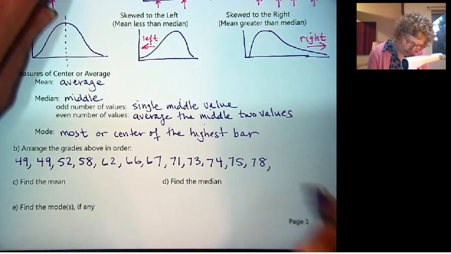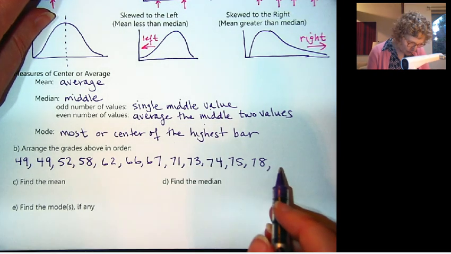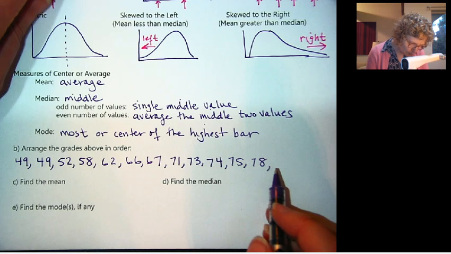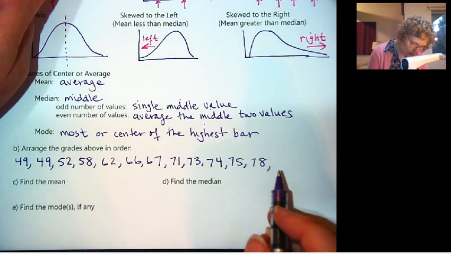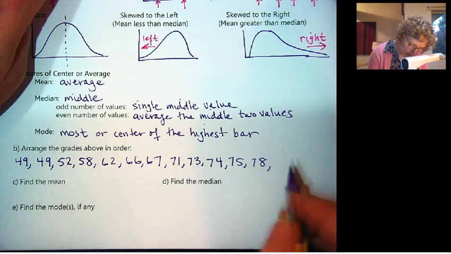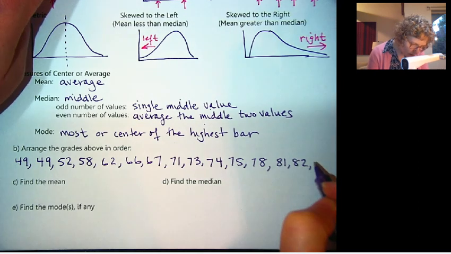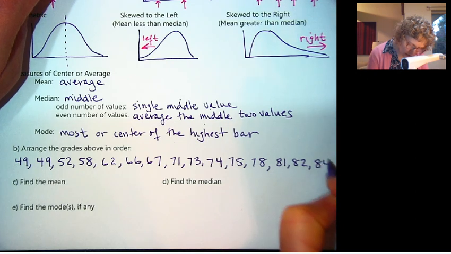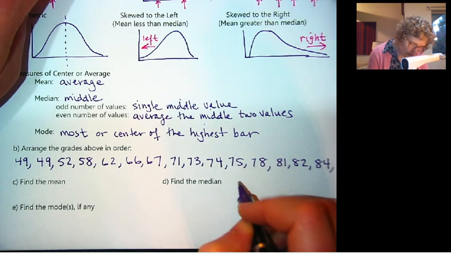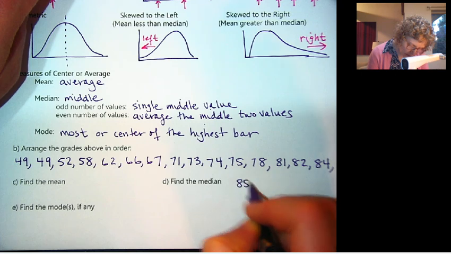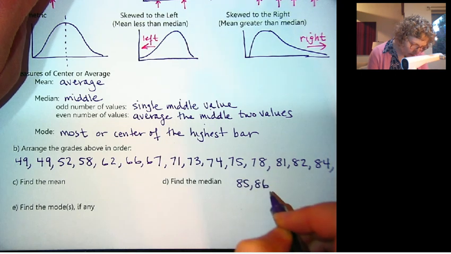80s, we also had 5. I'm going to run out of room here. 81, 82. Yeah, looks like 81 is the lowest. 82, 84. It's okay, I'll just keep going down here. 85, 86.